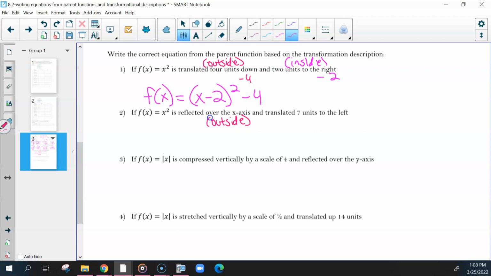Would that be inside or outside? Inside. The reflection over the x-axis is just going to be a negative, so you can write that if you want. Translated 7 units to the left. How would you write that number? Positive 7.